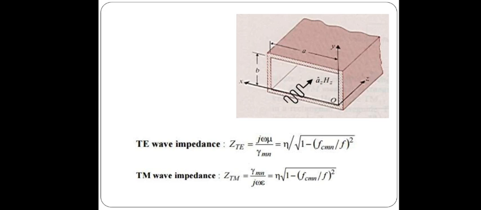For the TM wave, the impedance is indicated by ZTM, which is gamma mn by j omega epsilon, a little bit the reverse of that. So it is eta times the square root of 1 minus (fc by f) squared.